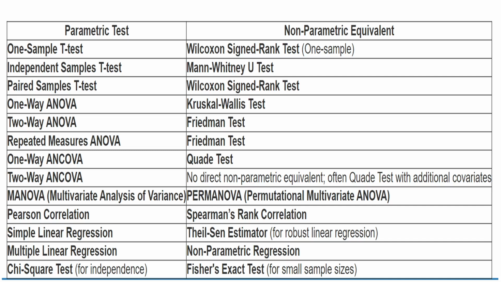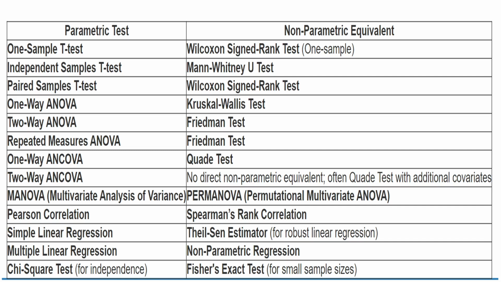The independent sample t-test, and the dependent sample t-test, which is another name for the paired sample. Then one-way ANOVA, two-way ANOVA, repeated measures ANOVA, one-way ANCOVA, two-way ANCOVA, MANOVA, multivariate analysis of variance, Pearson correlation, simple linear regression, multiple linear regression, chi-square test for independence. These tests are under parametric tests.